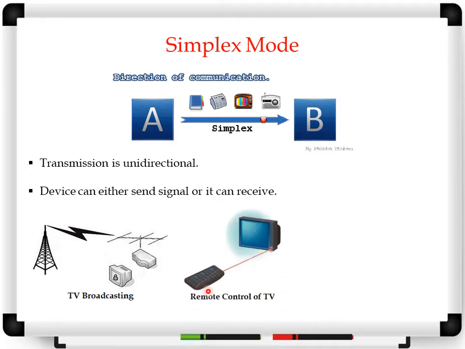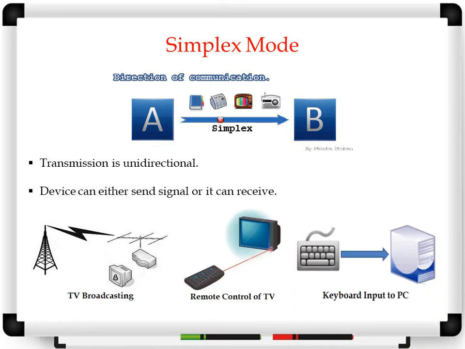Second example is remote control of a TV set. Here the signal flow is from the remote control to the television set. Third example, keyboard input or mouse input to the PC. In a PC, there are different input and output devices, and the direction of signal flow in these devices is unidirectional.